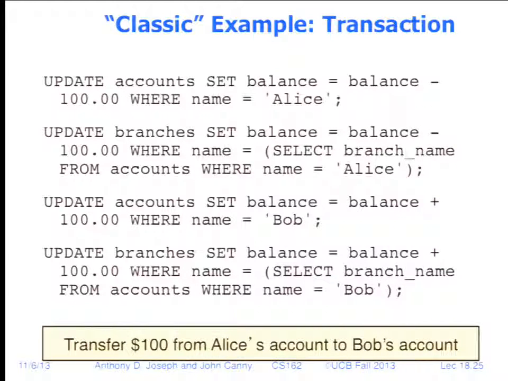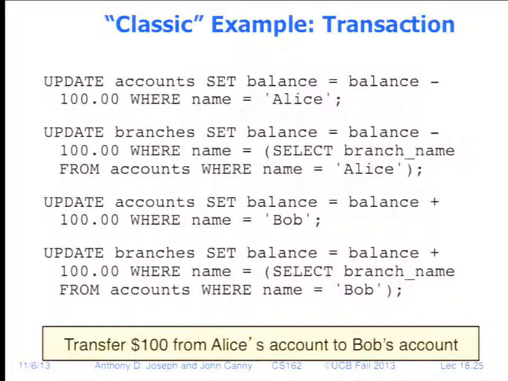Okay, so here's a classic example of a transaction where basically we're doing a transfer of funds. So we're going to update Alice's balance, debit $100 from Alice in the accounts database. Also update the branches, the bank branch that Alice has her account at.